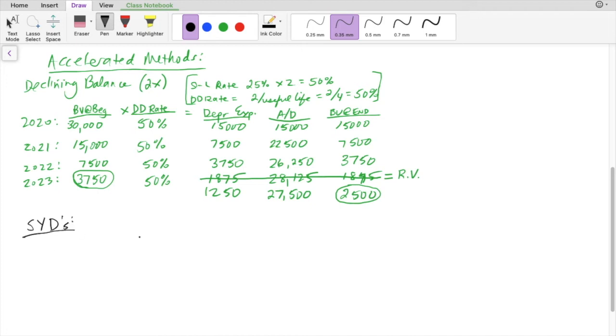The sum of years digits method works by taking the years remaining at the beginning of the period and dividing it by the sum of years digits. Now, you say, well, what is that? Well, that's going to give us our depreciation rate for each year.